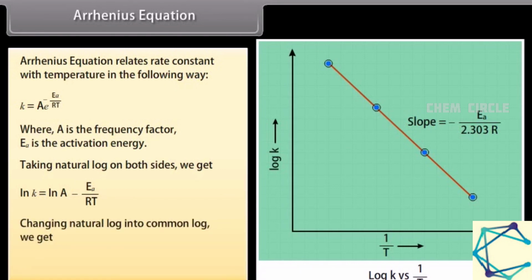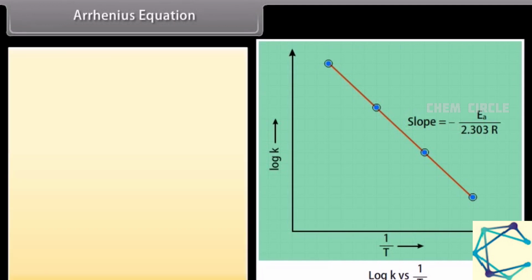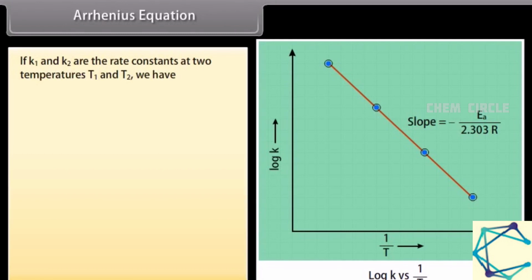Changing natural log into common log, we get log K is equal to log A minus EA upon 2.303 RT. If K1 and K2 are the rate constants at two temperatures T1 and T2, we have log K1 is equal to log A minus EA upon 2.303 RT1.